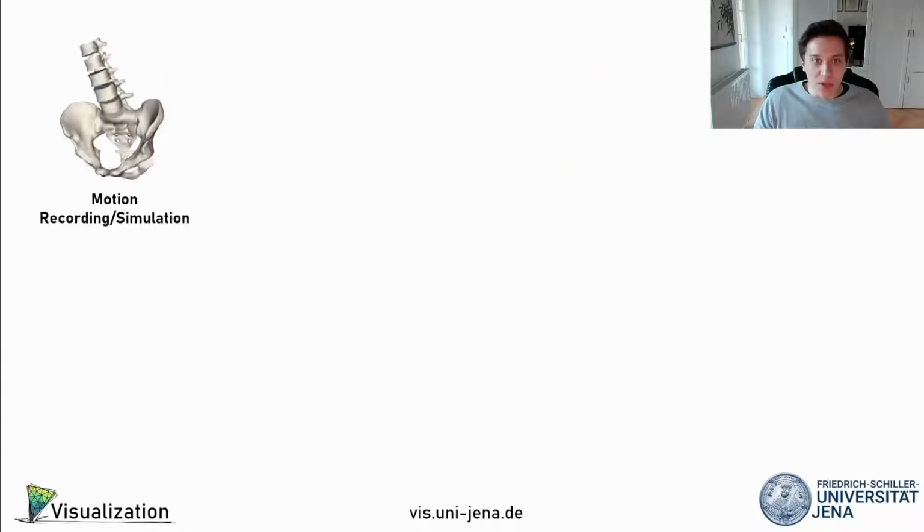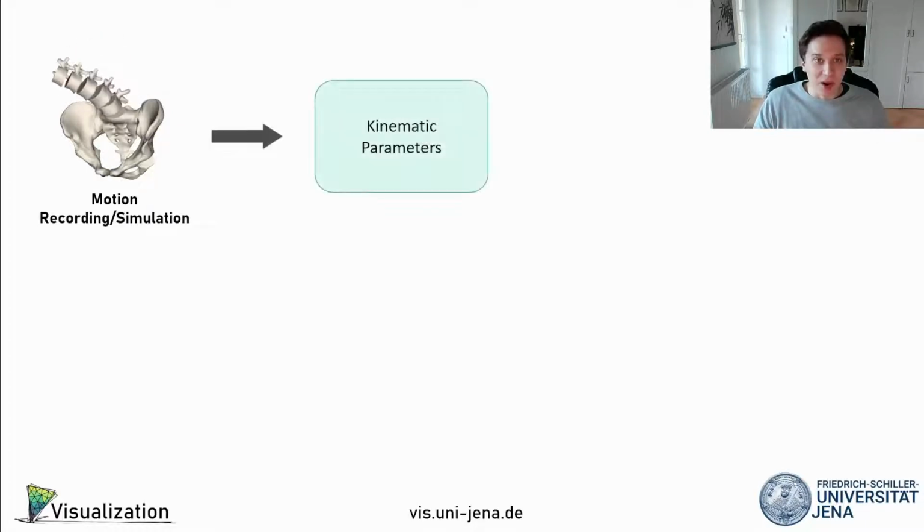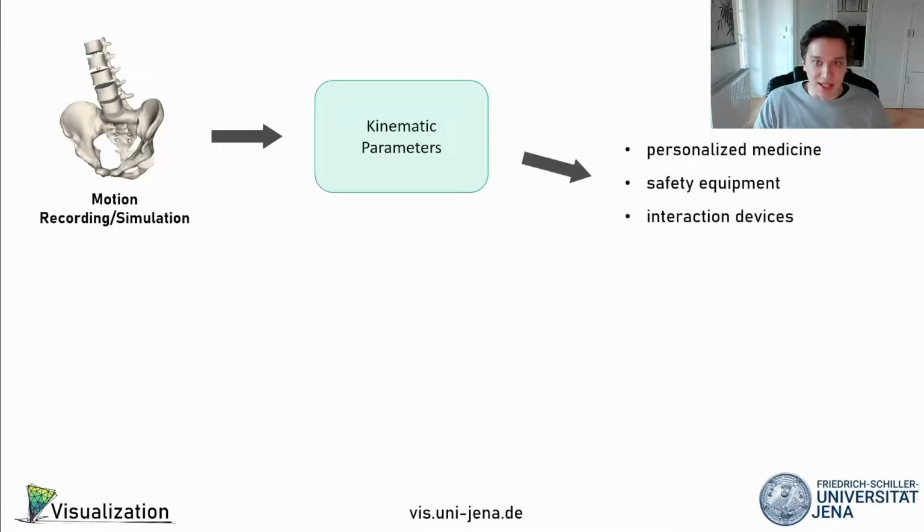In the common research process, we try to analyze a certain motion that was captured or simulated by deriving parameters that characterize the kinematics and may be helpful to better understand the effects of a motion. These biomechanical models are used in personalized medicine, for example, to develop better implants, but they are also crucial for the design of safety equipment and interaction devices.